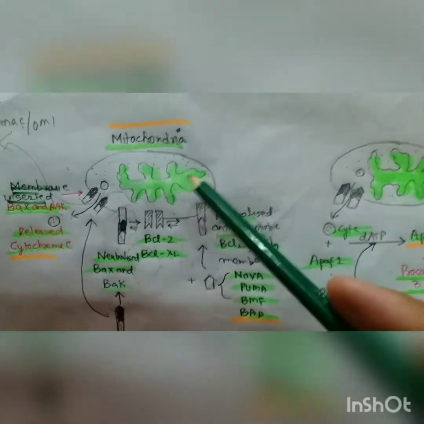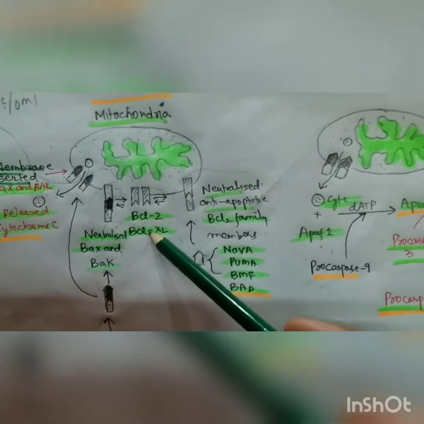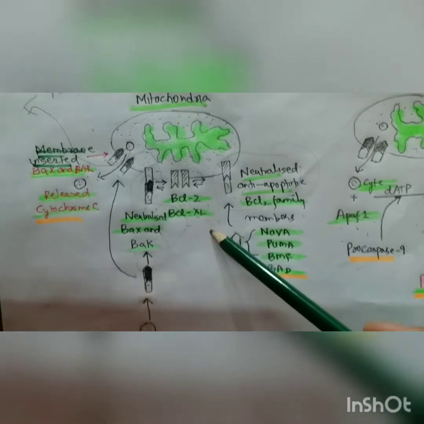So then I want to tell you what we did last time. This is the mitochondria, and these are the anti-apoptotic, that is BCL2 and BCLXL, right?